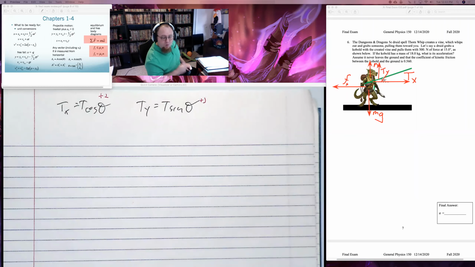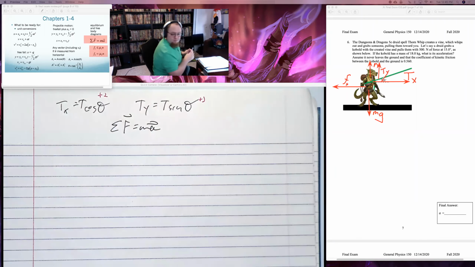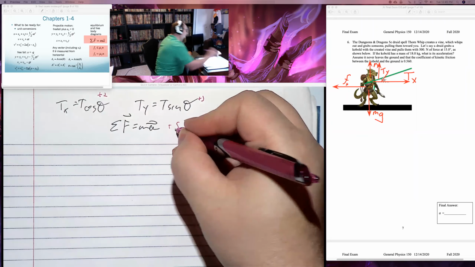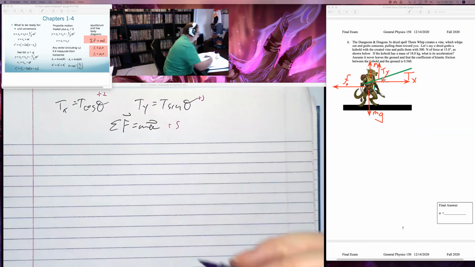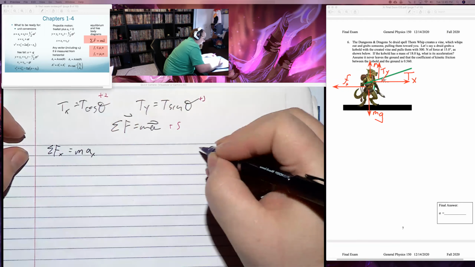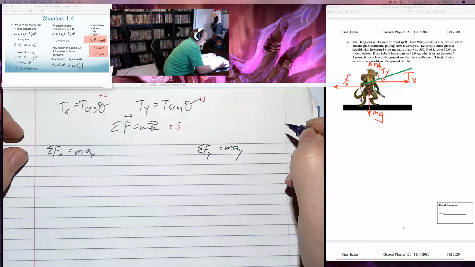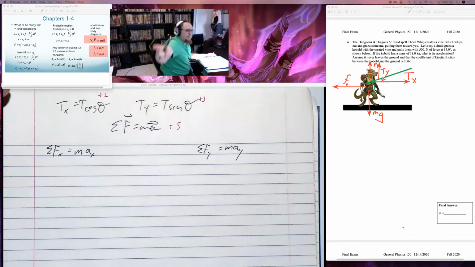Now, what is the acceleration? We're solving for acceleration, so we're going to be using F equals ma. But F equals ma is really 2 equations. The sum of forces in X is mass times the acceleration in X, and the sum of forces in Y is mass times acceleration in Y. But I said assume it never leaves the ground. If it had acceleration in Y, it would either go off the ground or into the ground.